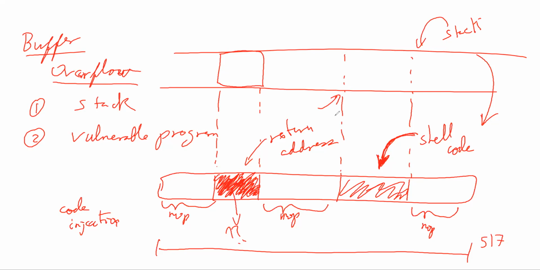Very good. And it doesn't actually have to be exactly that one. To increase the success of this, we can decide that it's going to be a range, and we can get an address somewhere in this range, as long as we have no ops in here.